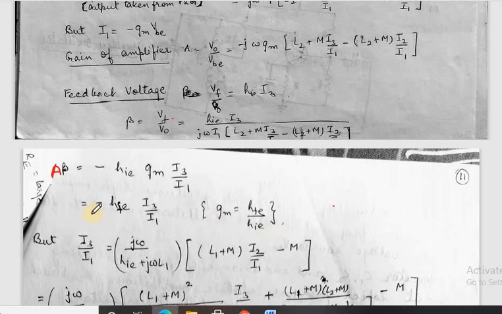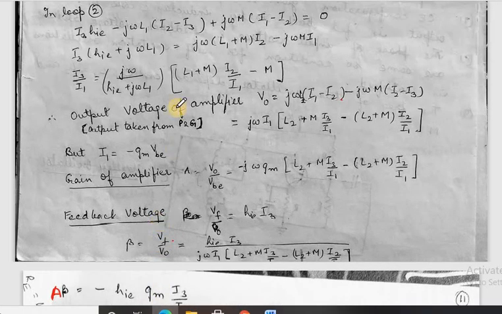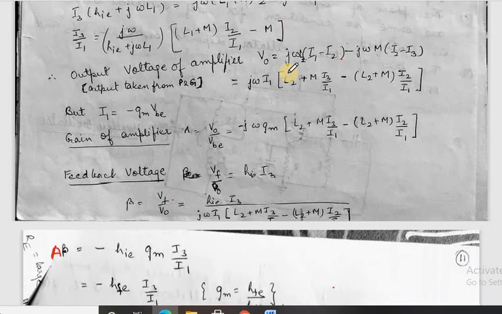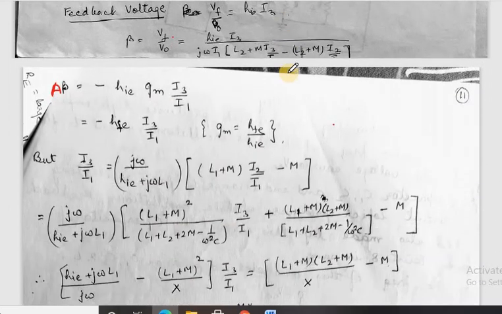Putting this value, we can also write minus HFE into I3 by I1. So this is A beta, but we still have to put the value of I3 by I1. So what is I3 by I1? This we have already calculated. We'll put this value of I3 by I1 here.